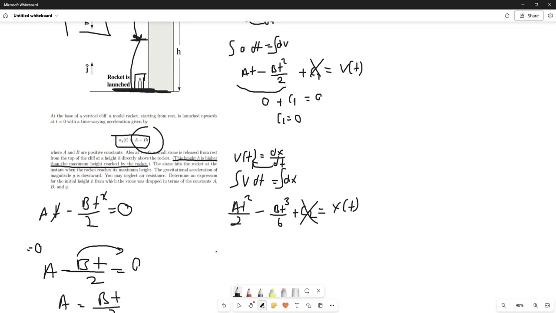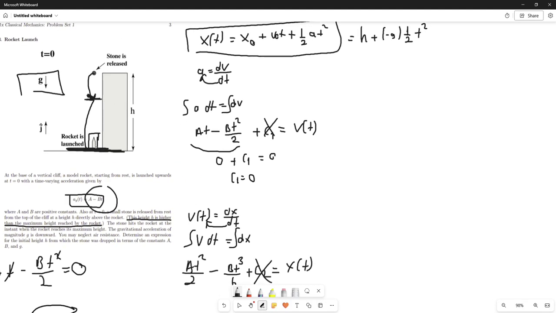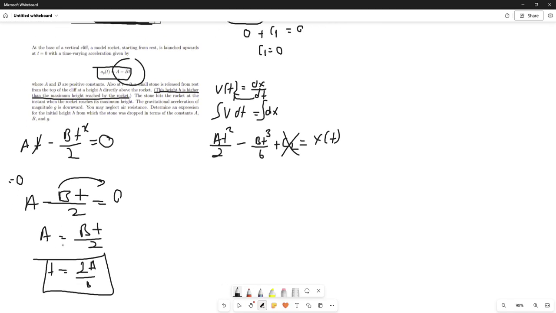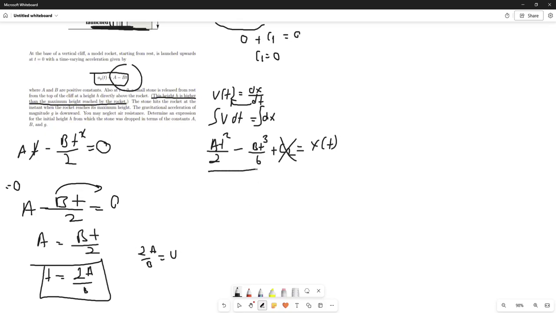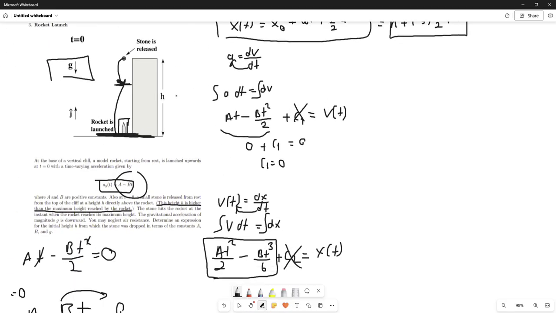Okay, we found the t. Then the location functions for both of them should be equal when t equals 2a divided by b. Guys, let's call it u, to make it easier to solve this problem. We have this function for the rocket and this function for the stone.